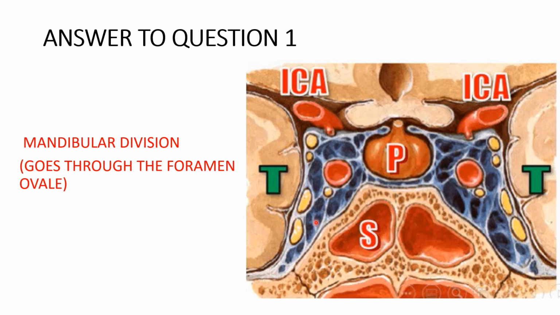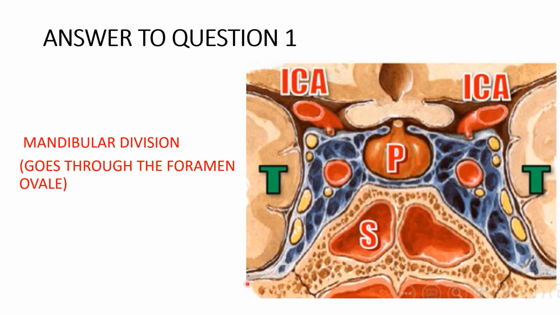So we said that there's a trigeminal ganglion which has three parts: we have the ophthalmic division, the maxillary division, and the mandibular division. Now this is the lateral wall, this is the cavernous sinus. We said that the cavernous sinus is formed by the splitting of the two layers of the dura mater, the meningeal layer and the periosteal, or endosteal, layer.